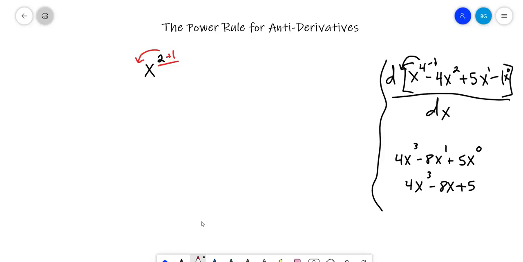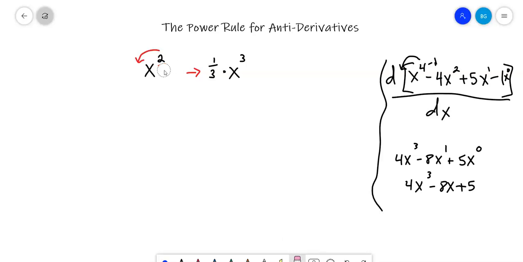So x squared, if I want to find the antiderivative, well, first I would add 1 to the exponent, which would give me x cubed. Then that 3 moves down here, but instead of multiplying by 3, I want to divide by 3. Or another way to say that is I just multiply by 1/3. And so that is the antiderivative of x squared.